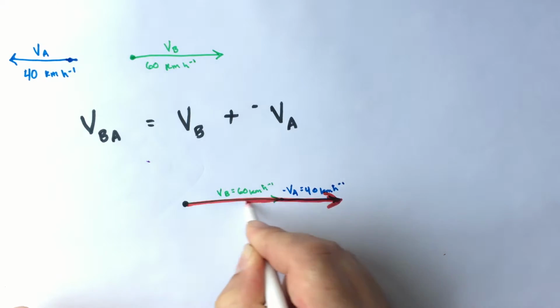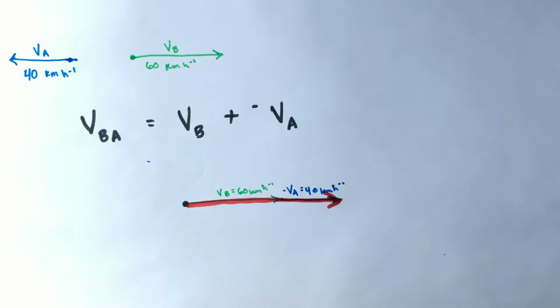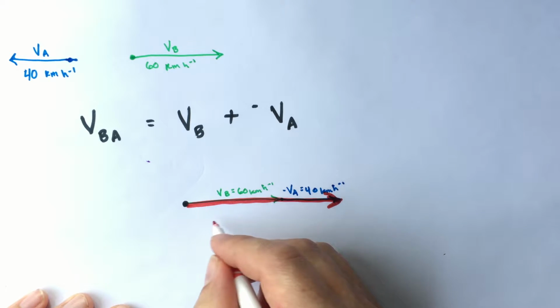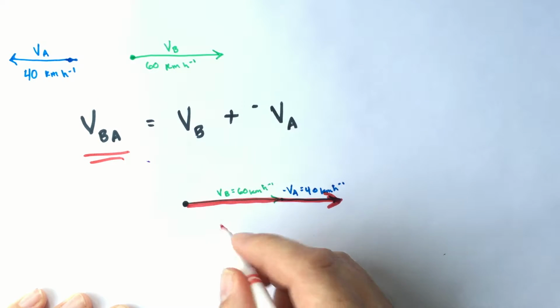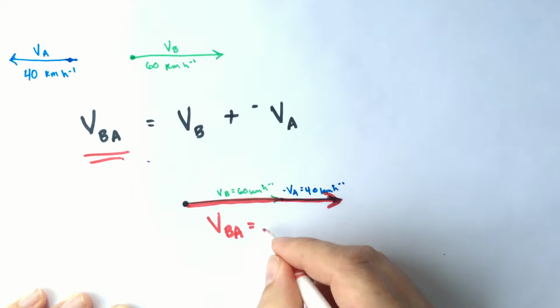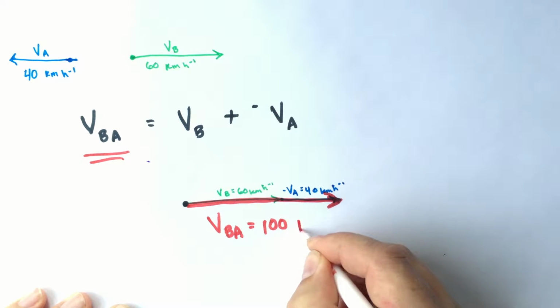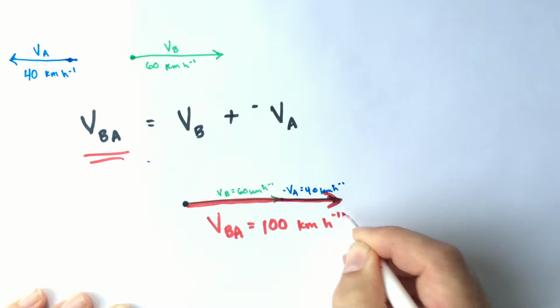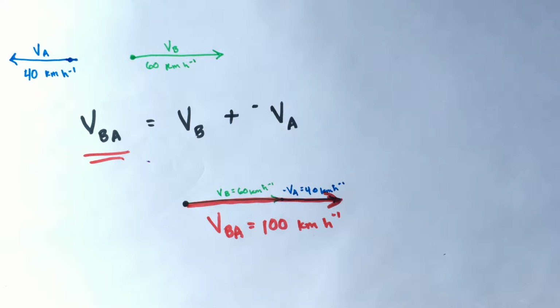I don't know if you can see this red vector here. That's what the resultant is, and that resultant is equal to VBA. And as you can see, it's going to have a magnitude of 100 kilometers per hour.